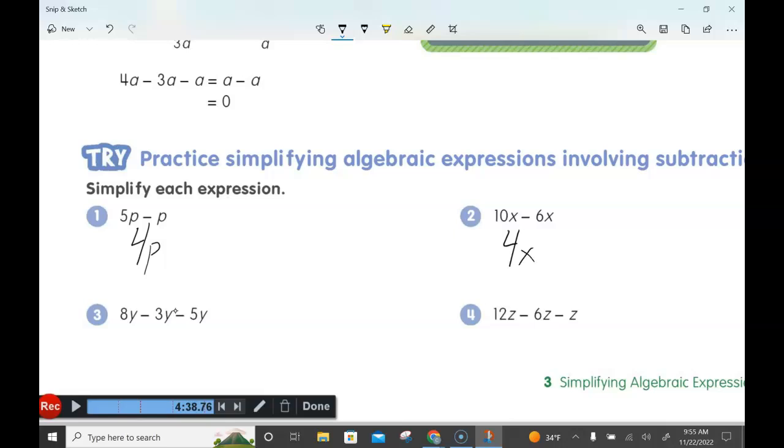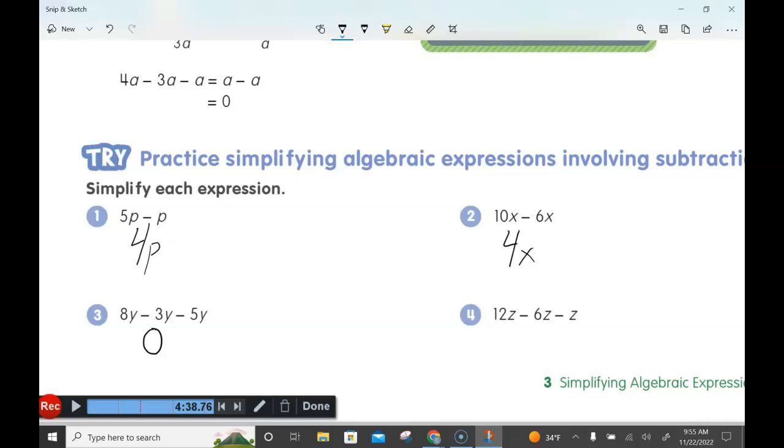Again, the only way that we can simplify these is because they are like terms. 10x and 6x, or 10 and 6, both have x as their variable, so that's why we can combine them. Next one, we have 8y minus 3y minus 5y, so 8 minus 3 is 5. 5 minus 5 is 0, so that's just going to be 0. It would not be 0y, it's just 0 there.